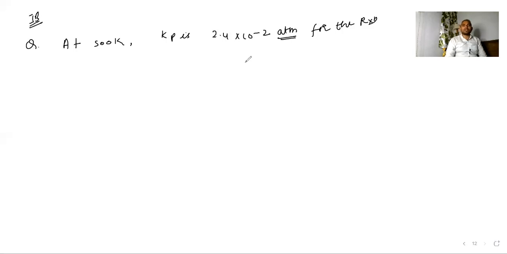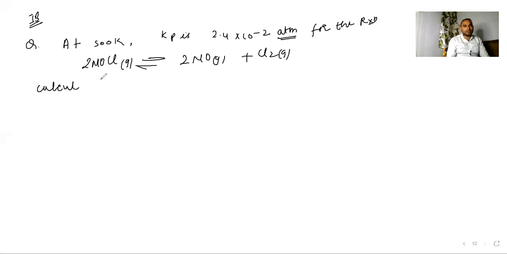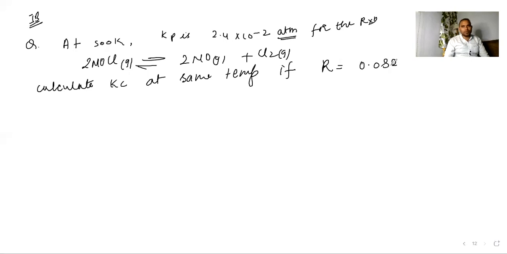For the reaction 2NOCl gas splitting into 2NO gas plus Cl2 gas, calculate Kc at the same temperature, if R is equal to 0.0821. Options: A, 8.8 into 10 power minus 4.